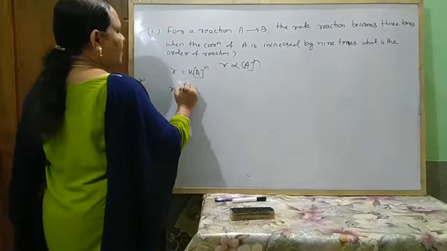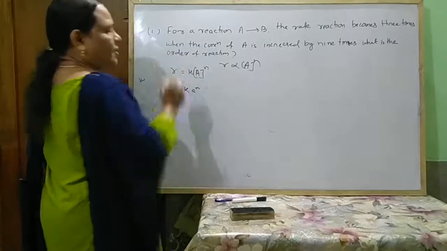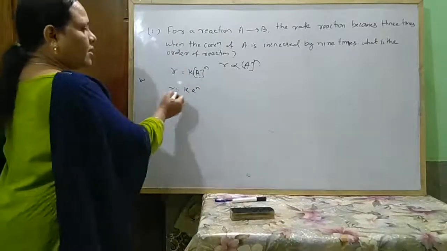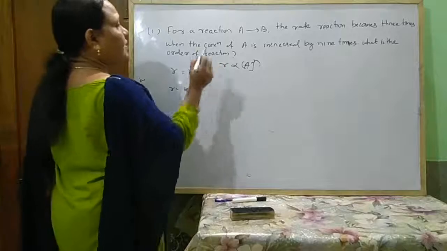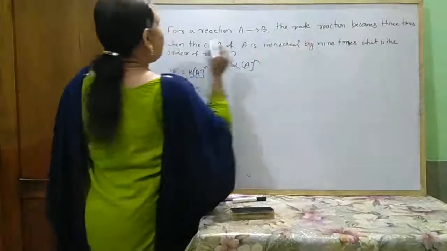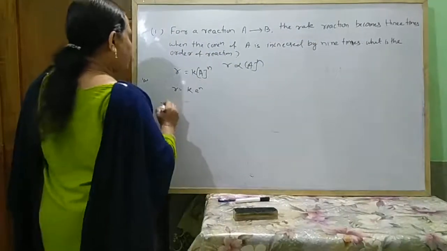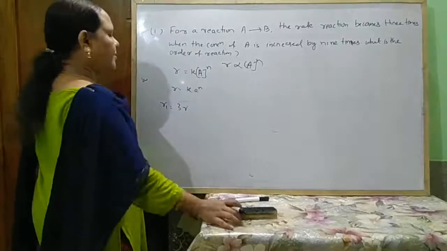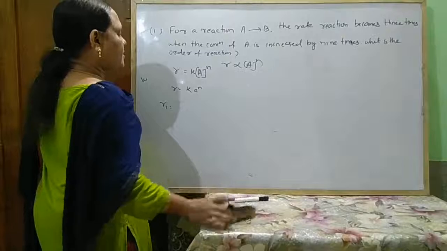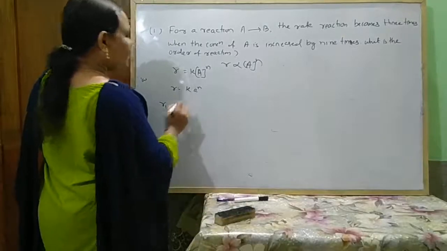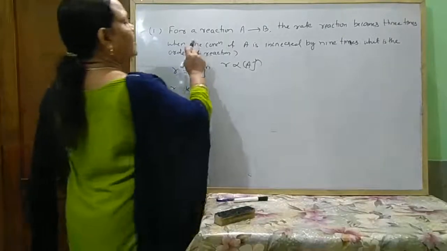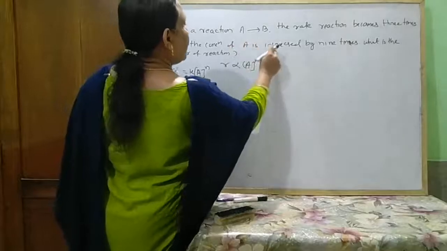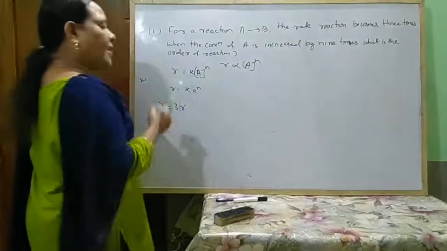We can write R equal to K A to the power N. The rate of reaction becomes 3 times, so R1 equal to 3R, when the concentration of A is increased by 9 times.